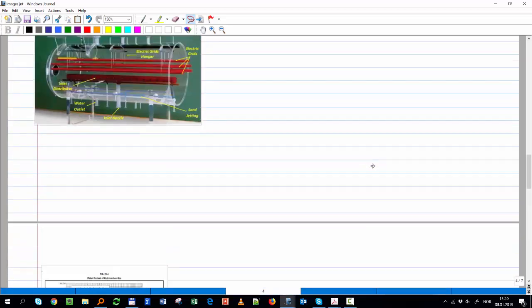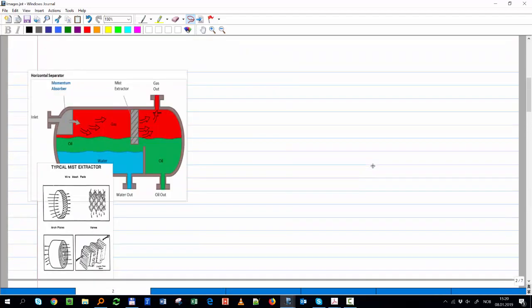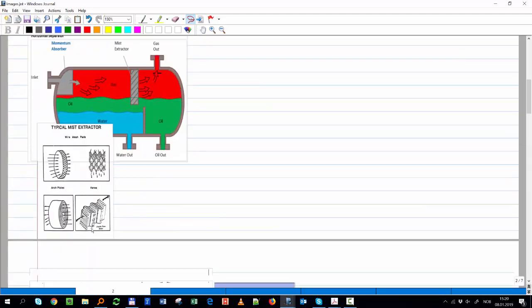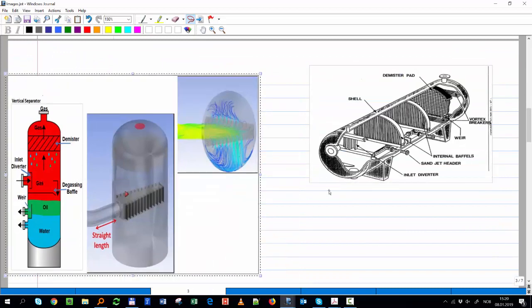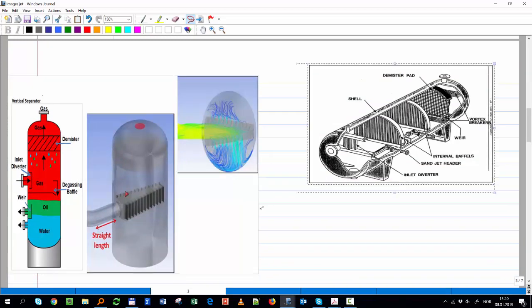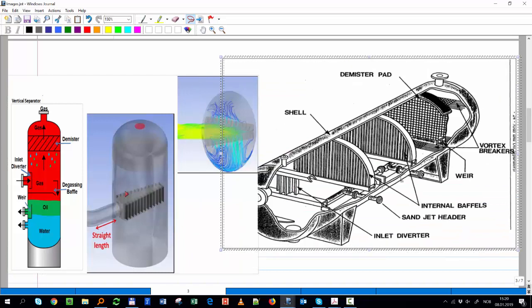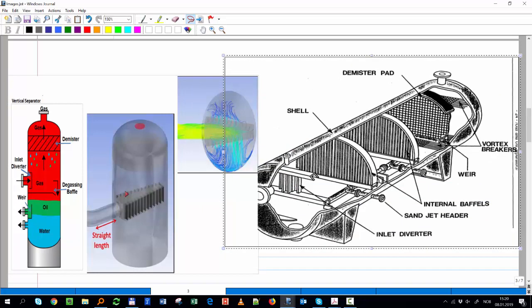And inside, it's not simply just empty, you have another figure here. Okay? Inside, you have a lot of elements, okay? But separation happens due to gravity. Okay, so all of these elements that you have, it might seem complex, but it's just to help separation of the oils from the gas and gas from the liquid.